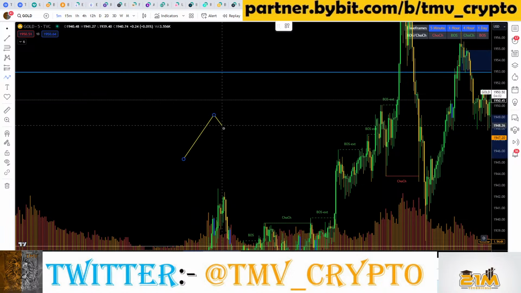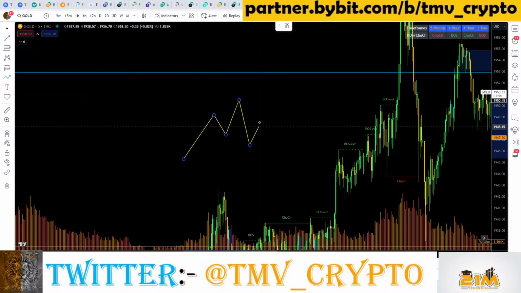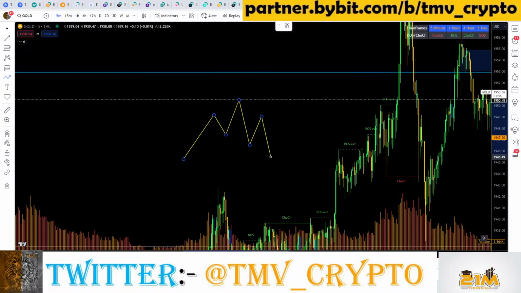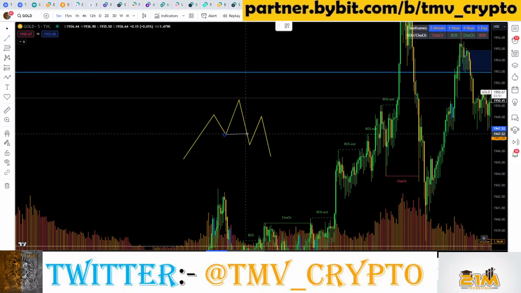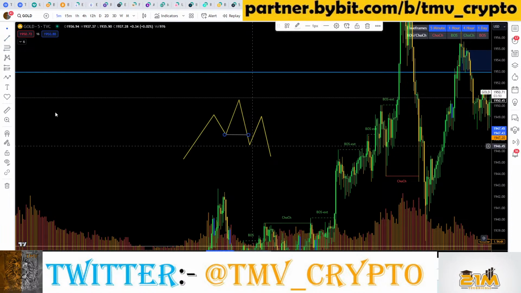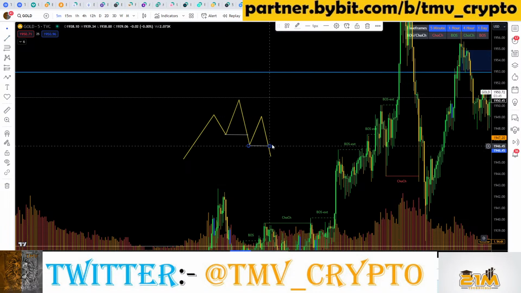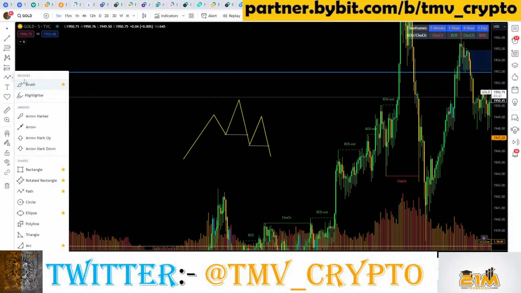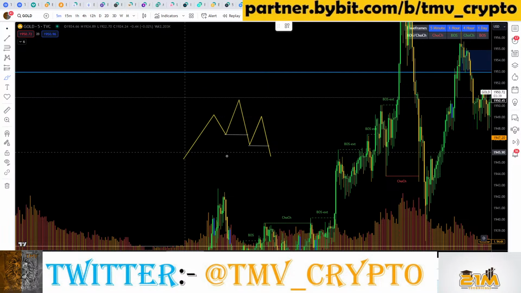In an uptrend, when the price has done a CHoCH, so this is the CHoCH, it's going to pump up, and once it starts breaking these lows, the BOS is going to form, or BOS ext. BOS is more like an internal structure, BOS ext is more like an external structure basically.